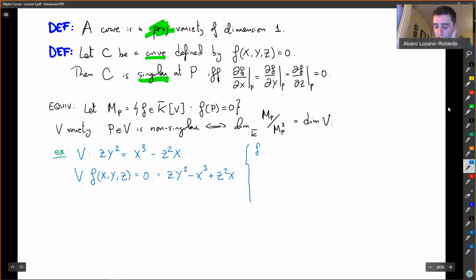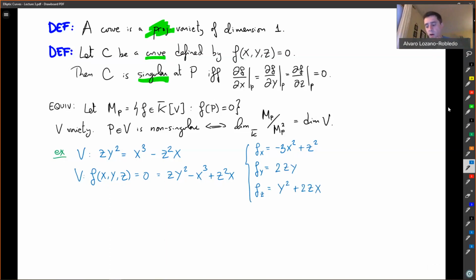So f with respect to x, what we get is minus 3x squared plus z squared, right? With respect to y, what I get is just 2zy. And with respect to z, what I get is y squared plus 2zx, if I did that right.